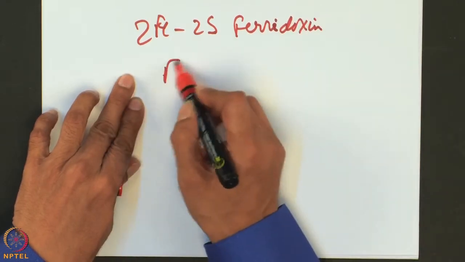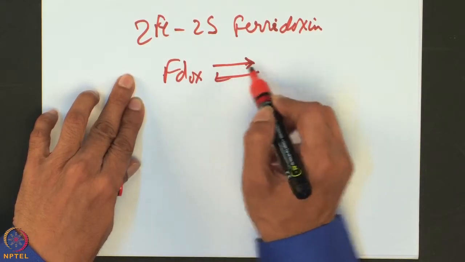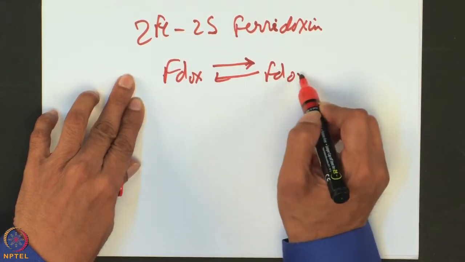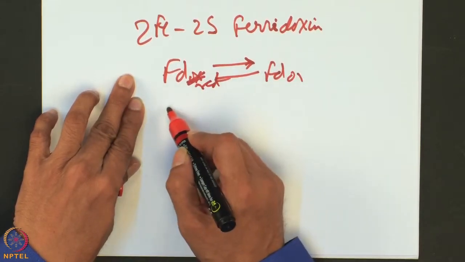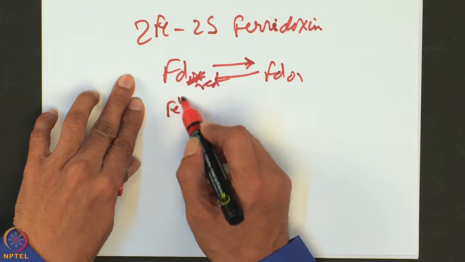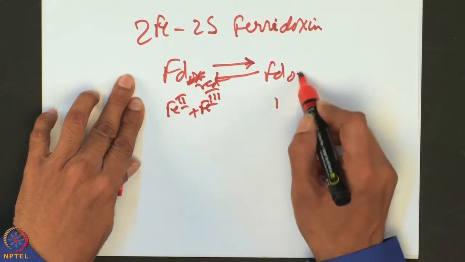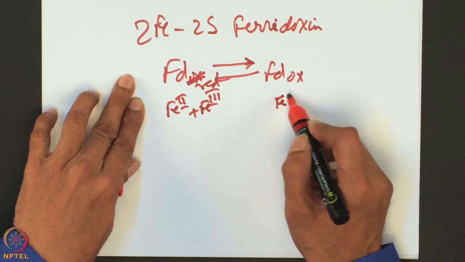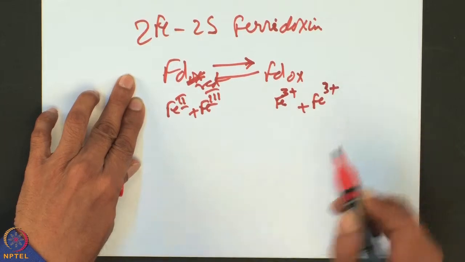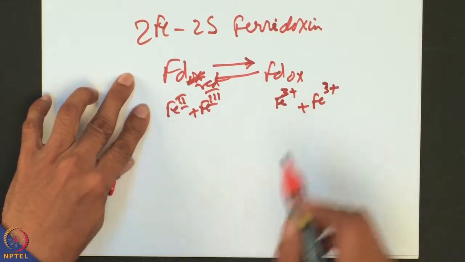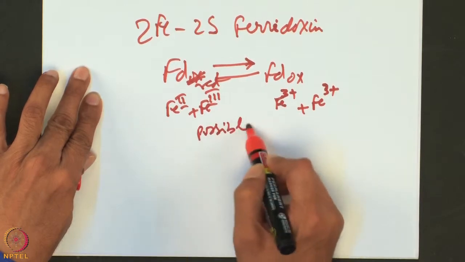So you have FD oxidized to reduced to oxidized. So this is 1 iron 2 plus 1 iron 3 plus, and this is both iron 3 plus. Both iron 3s, 1 iron 2, 1 iron 3. This is only possible in enzyme.